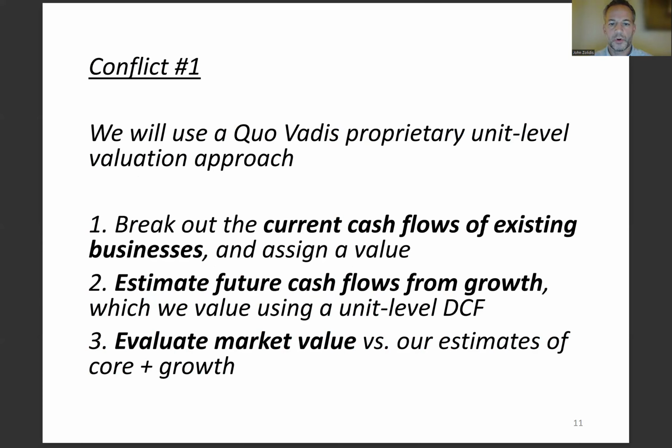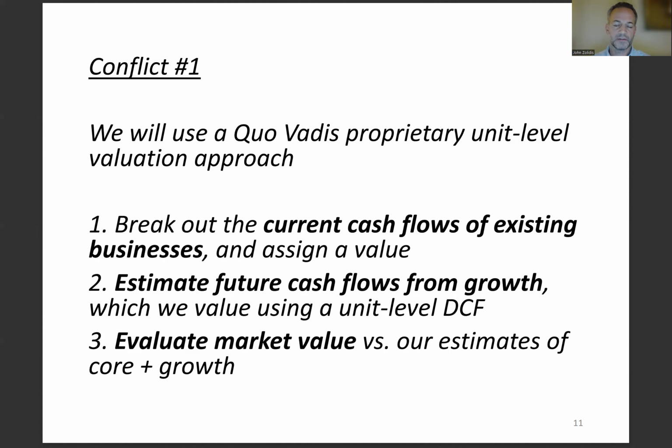So our approach in this case is to estimate the cash flows from the existing business and then assign a value to those cash flows as if the business were not going to grow into the future. Then we're going to look separately at the part of the business we think is going to be produced by future growth and capital deployment, namely new stores, which are not yet opened.